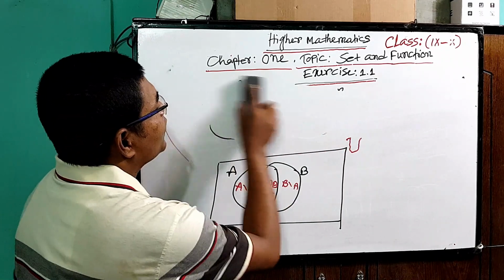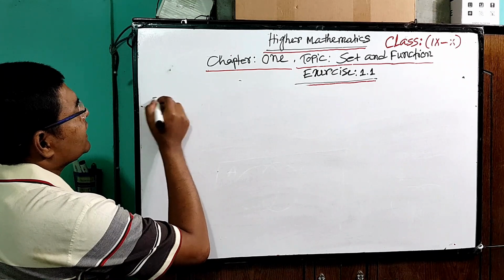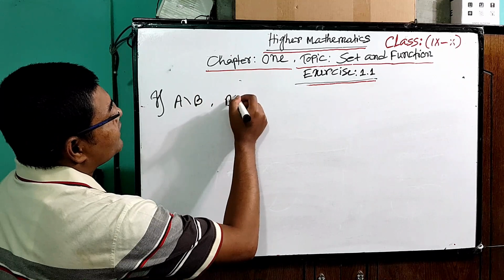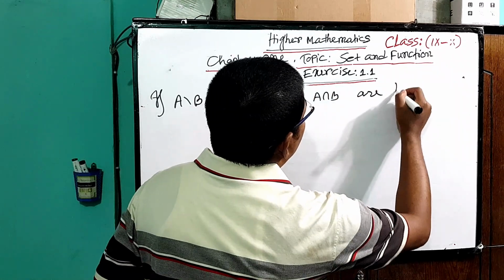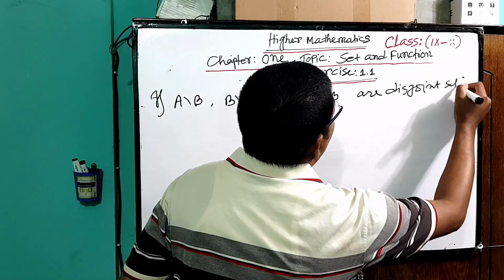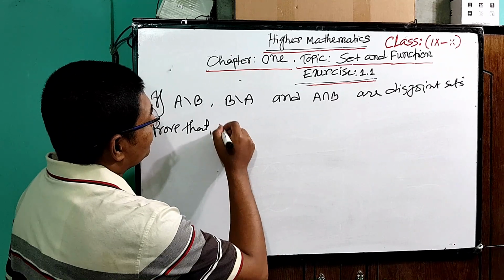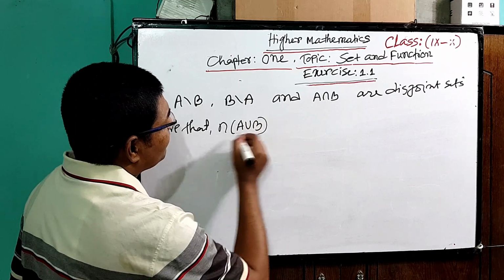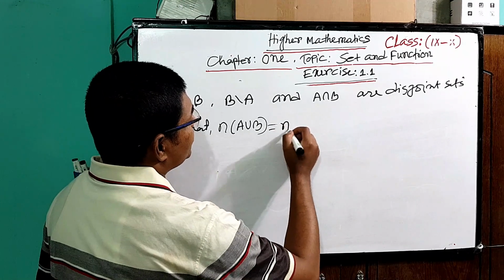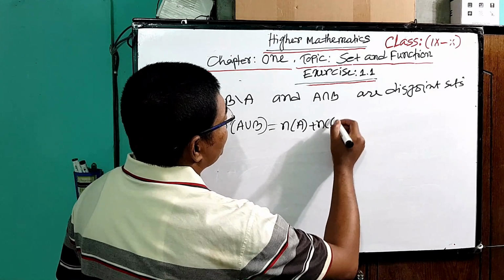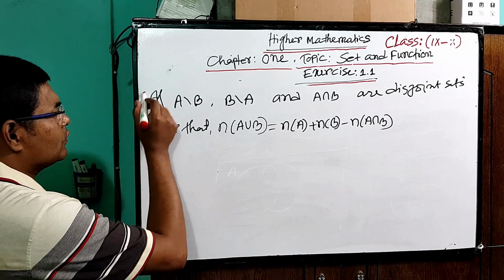Let's come to the point. We have to prove that if A difference of B, B difference of A, and A intersection of B are disjoint sets, prove that cardinal, n of A union of B equals n of A plus n of B. This is a proposition.